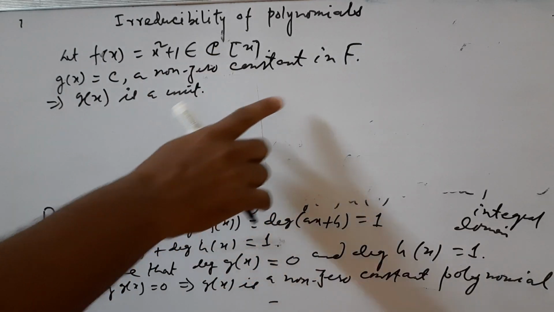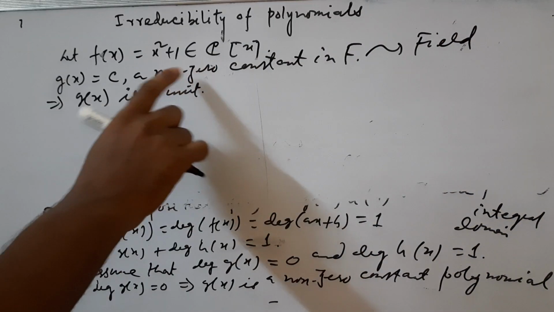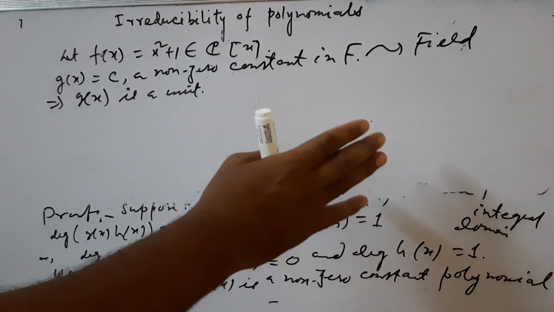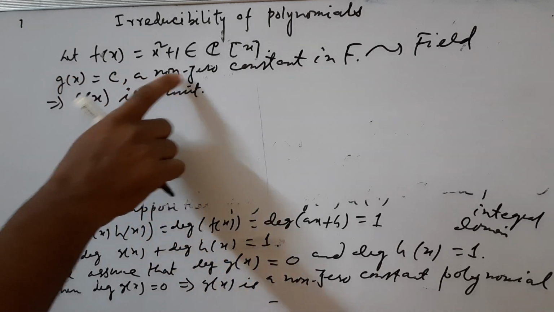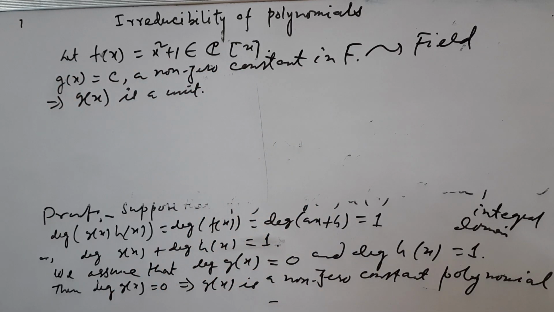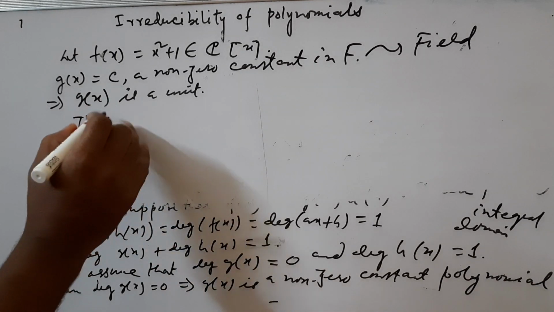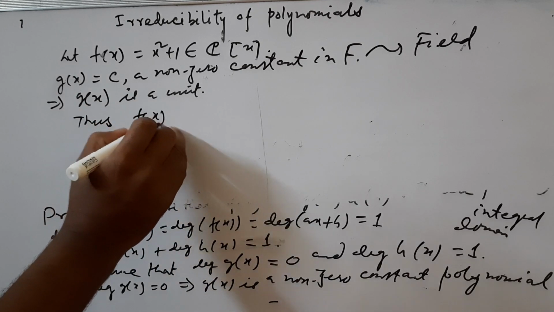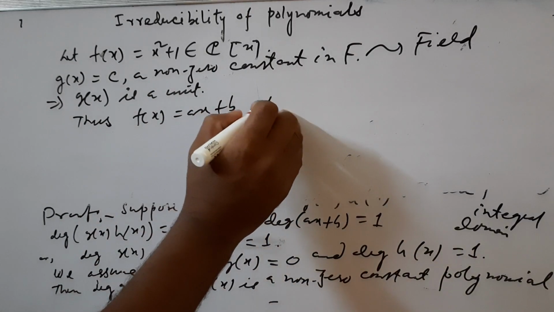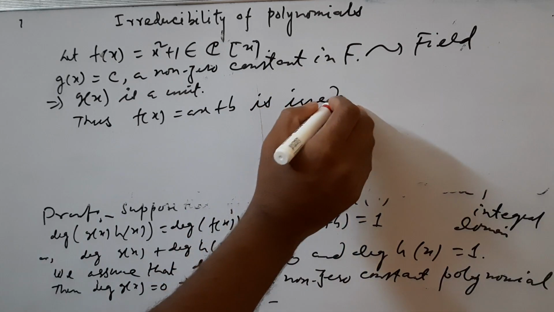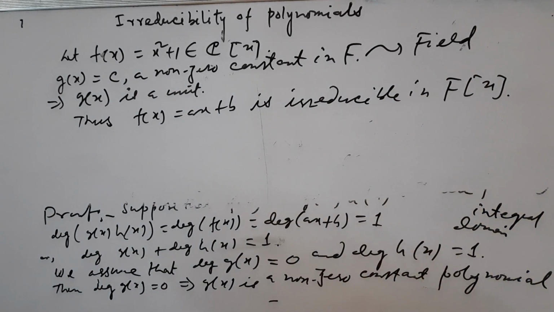Since we know that in a field every non-zero element has a multiplicative inverse, that is every non-zero element is a unit. Here g(x) is a non-zero constant, and so g(x) is a unit. Thus f(x) equal to ax plus b is irreducible in F[x].